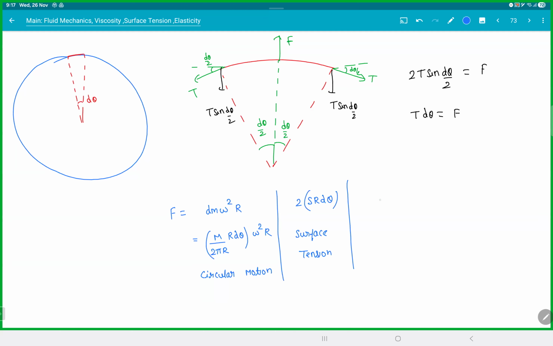If this was electrostatics, meaning you kept a charge q in the center, and this was lambda, the force will be k q by r square. The other charge will be lambda into r d theta. That would be your electrostatics.